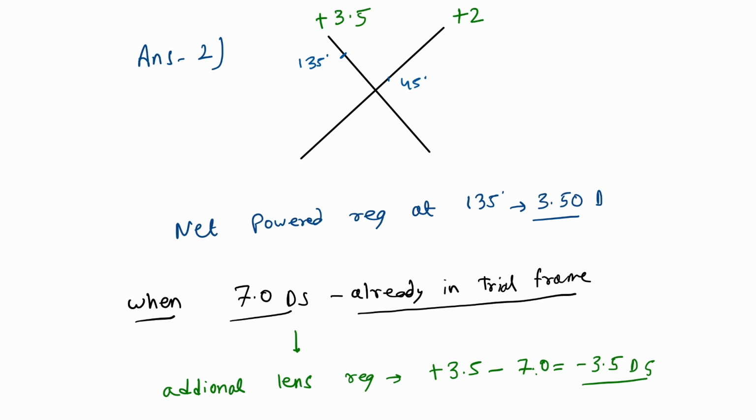The second question: if a +7 diopter lens is in the trial frame, what additional power is required at 135? Net required at 135 degree is 3.5 and 7 is already there in the trial frame, so we do 3.5 minus 7, which comes out to be minus 3.5 diopter. This is required at 135 degree.